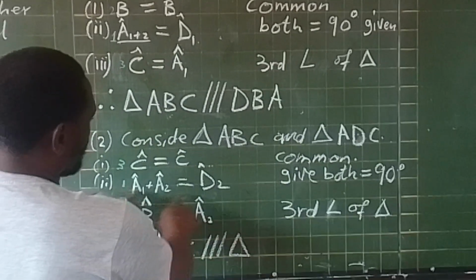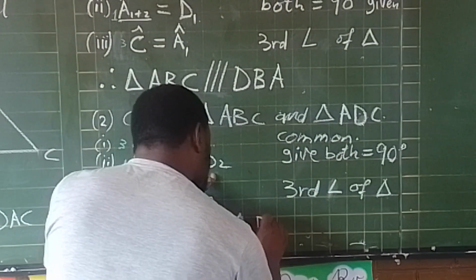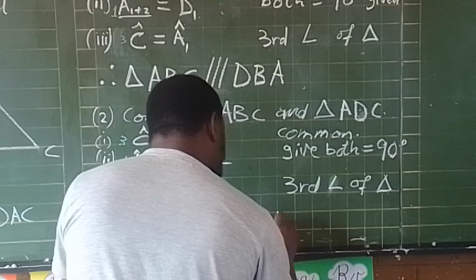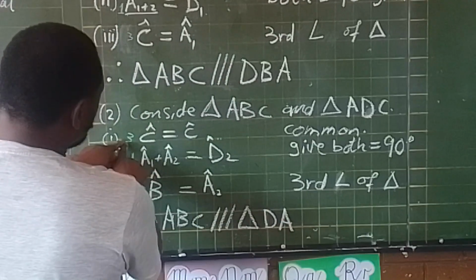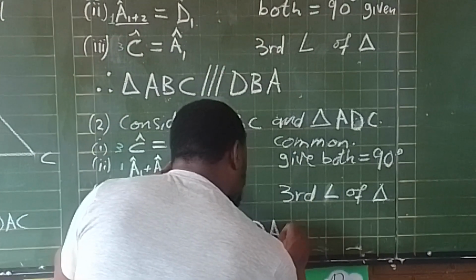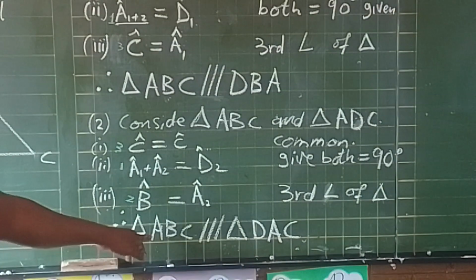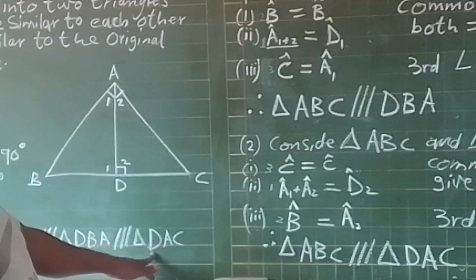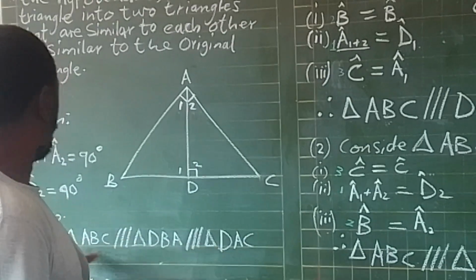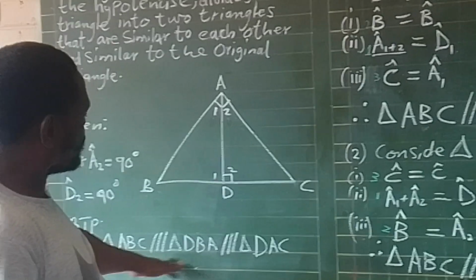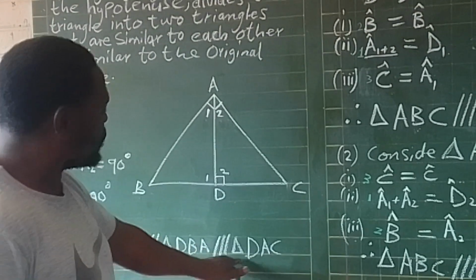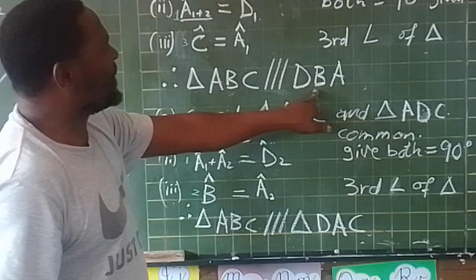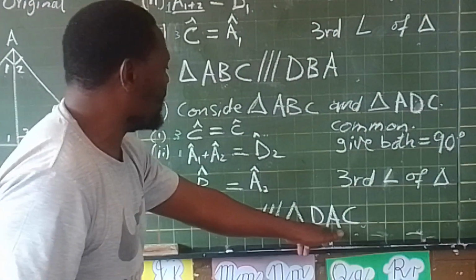So if this one goes with this one, we come and grab D. Second one is B. You come and grab A. The third one is C. You come and put C. Therefore, triangle ABC is similar to triangle DAC. You see? DAC. Therefore, you can conclude that triangle ABC is similar to triangle DBA and similar to triangle DAC.